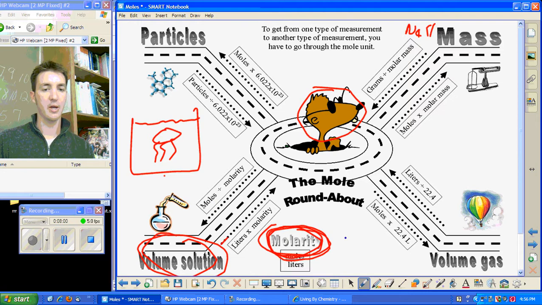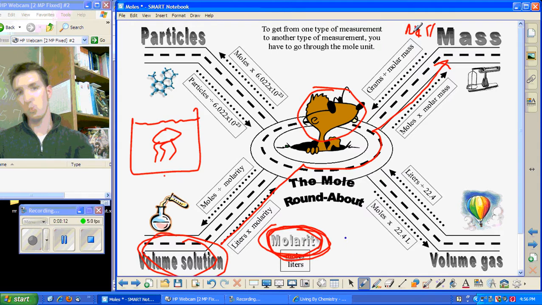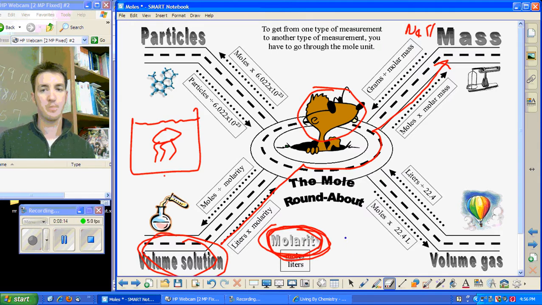So I can use some math and figure out moles. Why do I care about moles? I don't. But moles are the key to getting anywhere else. So I can go around there and then figure out, oh, I need 20 pounds of salt. Or I've got some helium in a tank. I know how much helium I have in my tank. It's however many kilograms. I want to know how big of a balloon can I blow up.